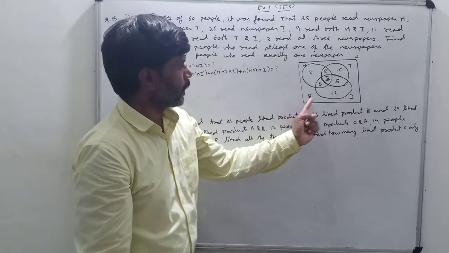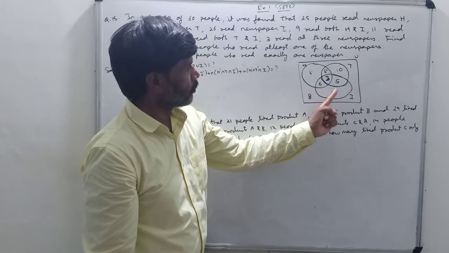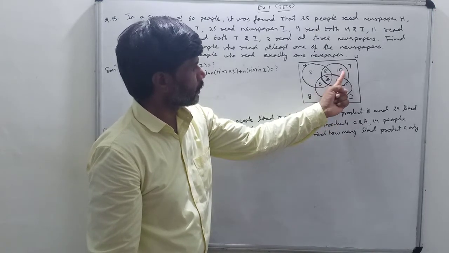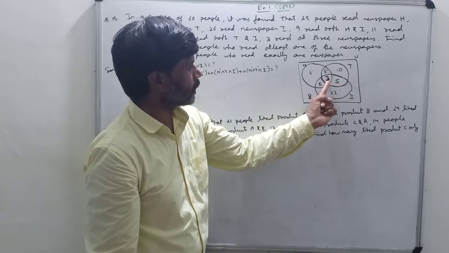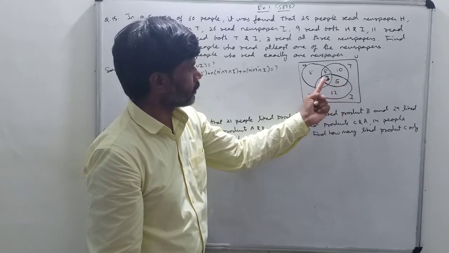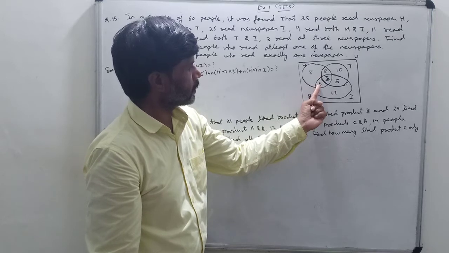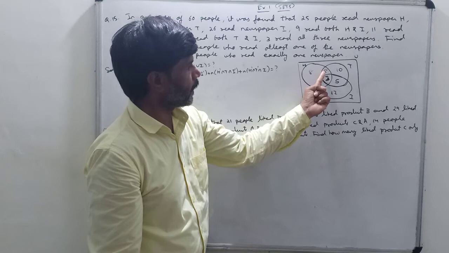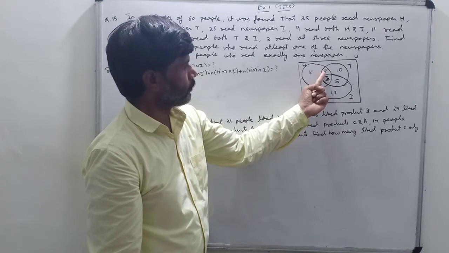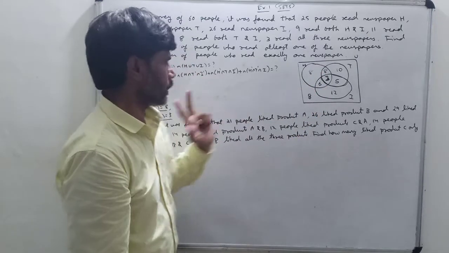Let us calculate again. 8 plus 12, 20. 20 plus 10, 30. Plus 5, 35. 35 plus 3, 38. 38 and 6, 44. 44 and 8, 52. 52 and 8, 60. Yes, it is correct.